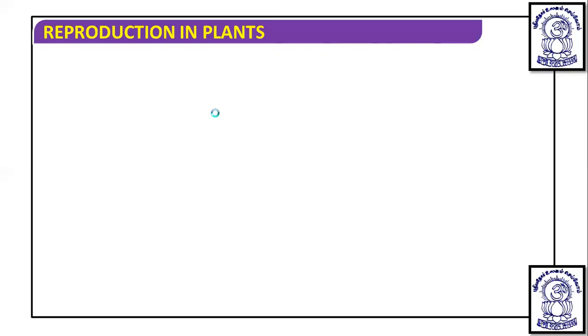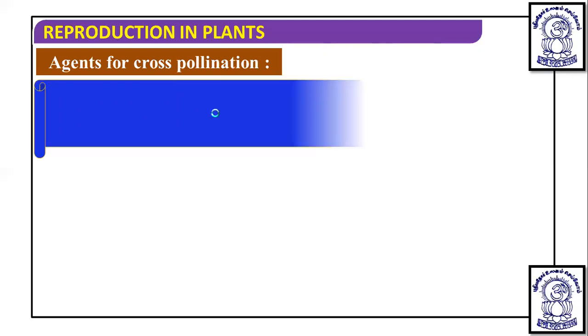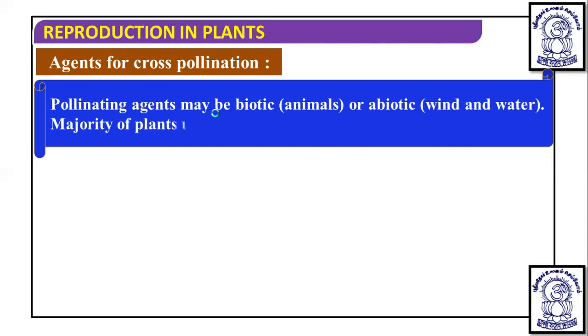And these agents are of different types. So we are going to discuss these agents of cross-pollination. These agents can be biotic or abiotic. Either they can be animals, or they can be wind or water. If they are animals, that is a biotic agent. If they are wind or water, they are abiotic agents.